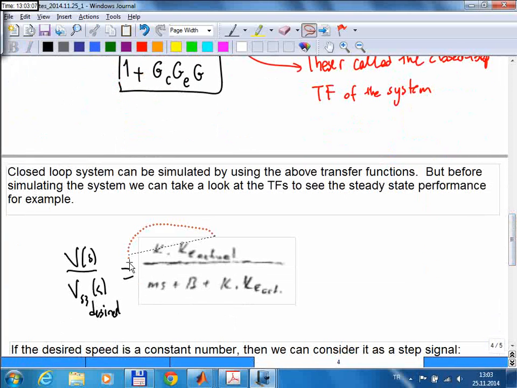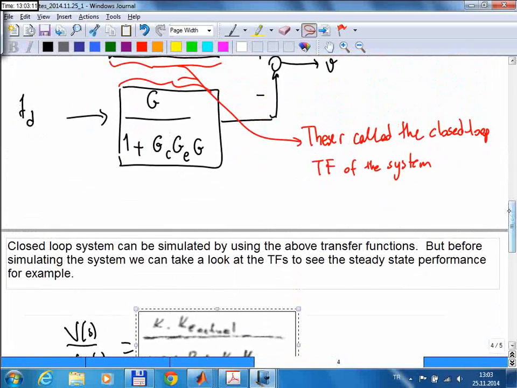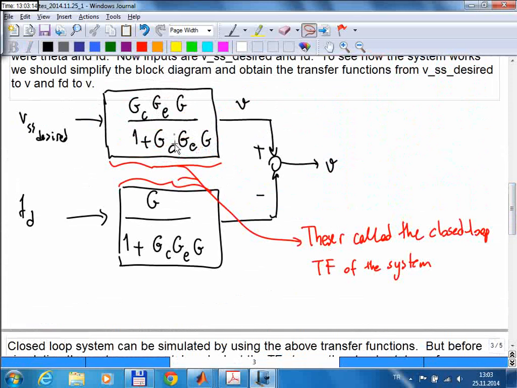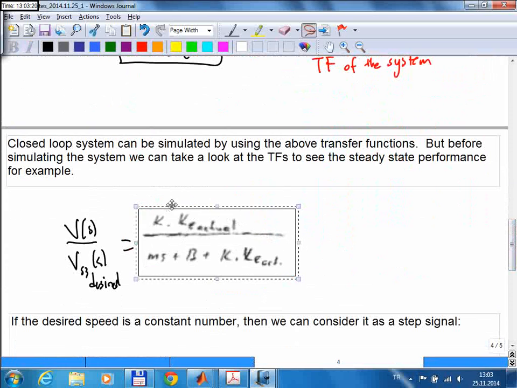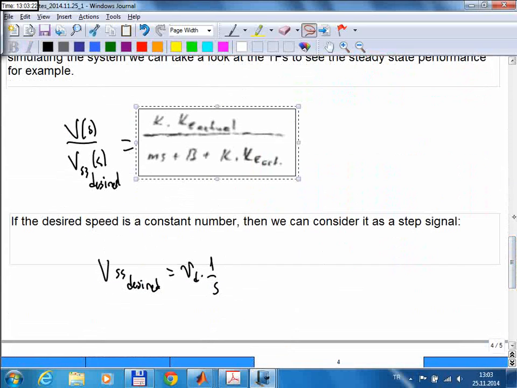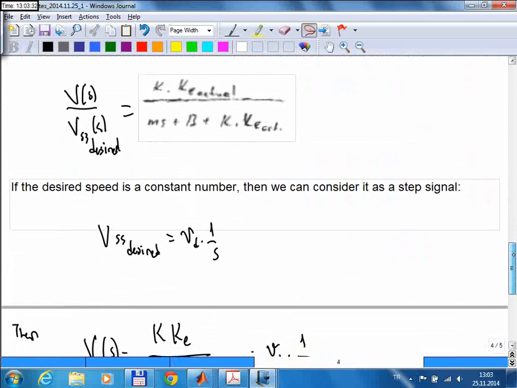So this is the transfer function, by the way. If you put the transfer functions G, GE and GC into here, and then make the simplifications, in the end you will get this transfer function. So the speed of the car becomes this times the input desired speed.